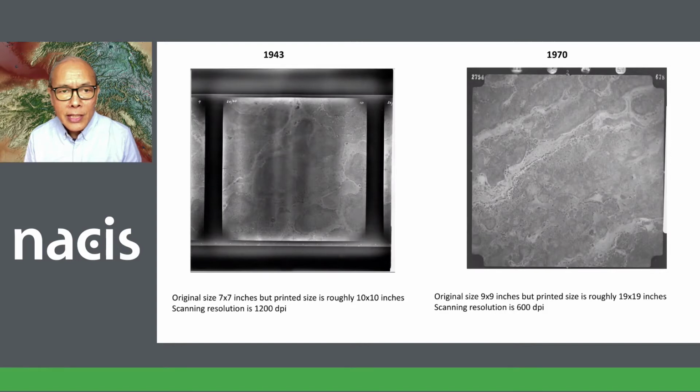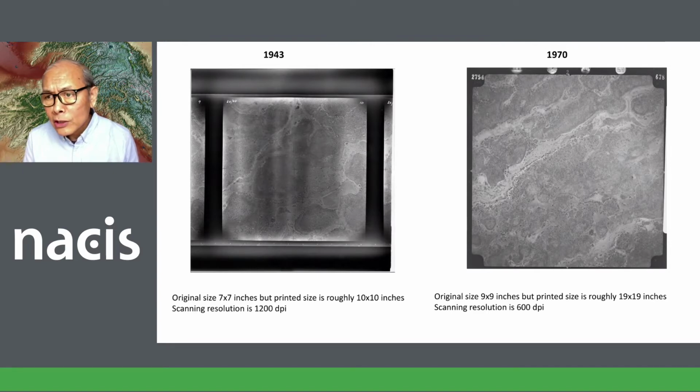Here you will see an example of two photographs, 1943 and 1970. The 1943 original size is 7 inches, but the print size is roughly 10 inches, and because of that, we scanned these images at 1,200 dpi.